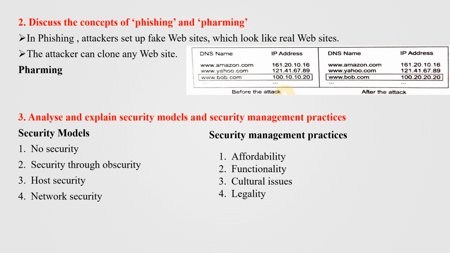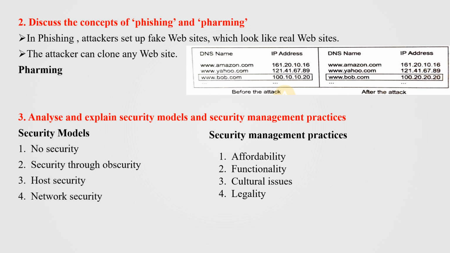If they ask you to pay some amount monthly, we will think of moving on to a free antivirus. Then functionality: whether it keeps checking each and every file that has been stored or removed from the system. And legality: obviously it should be a genuine one that is installed in the computer.